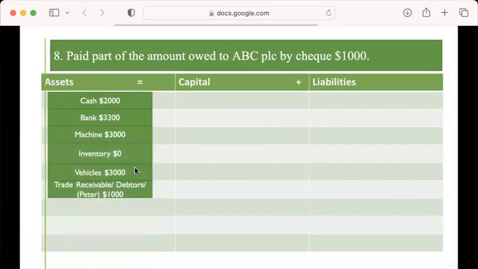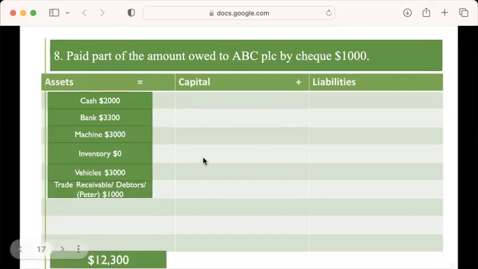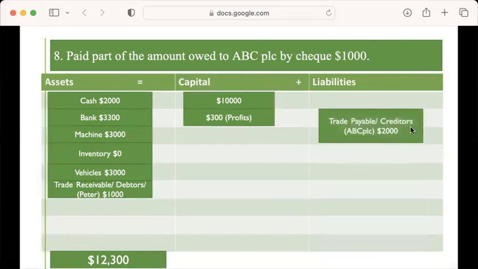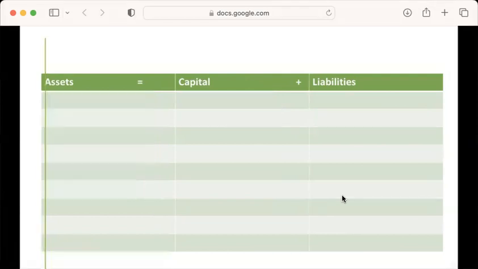Right. And on the other hand, we owed the owner 10,000 his capital and 300 the profit, and the liabilities were 3,000 to ABC PLC. But since now we are settling this 1,000, we owe them only 2,000 now. So the total liabilities becomes 12,300 as well as with the assets.